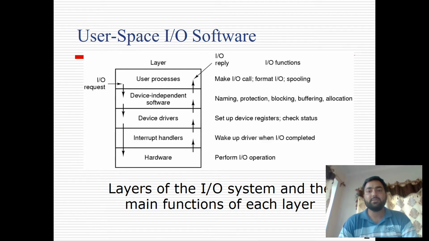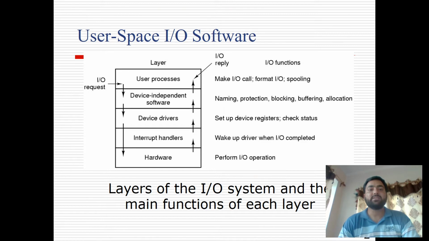These interrupt handlers are used to wake up the device drivers when a particular input or output operation gets completed. After that there come device drivers. These are used to set up device registers for the status of particular input and output operation.